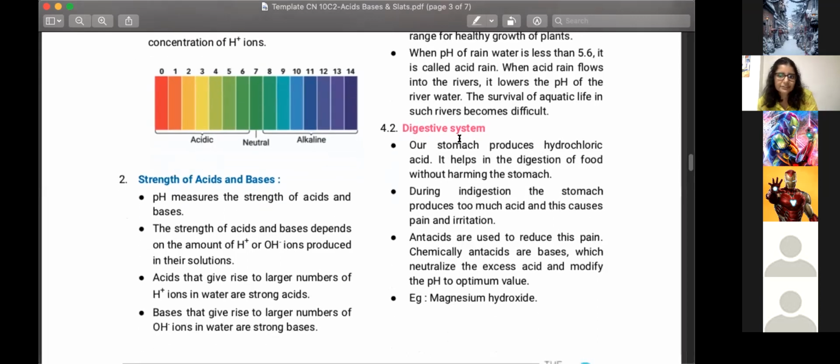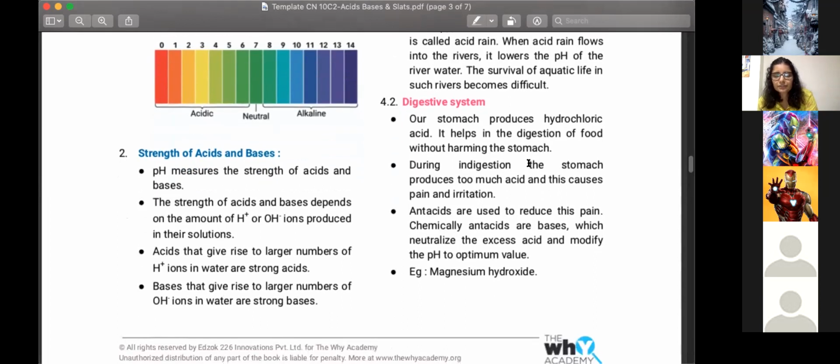Second point, the digestive system we were just discussing. The stomach produces HCl, which helps in digestion of food without harming the stomach. It's not like there's a completely different mechanism. The stomach releases mucus. Yes, there is a mucus lining for that.